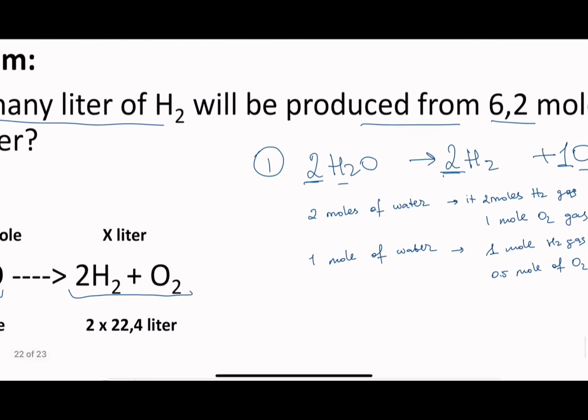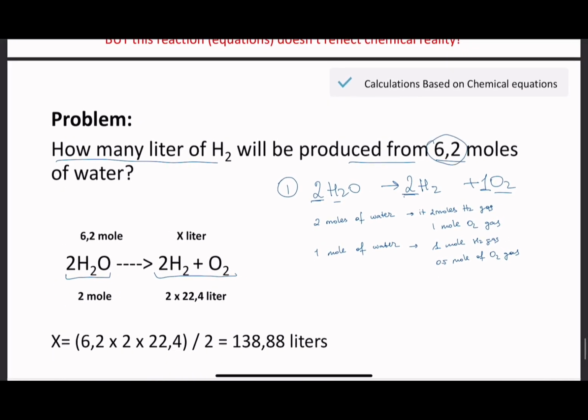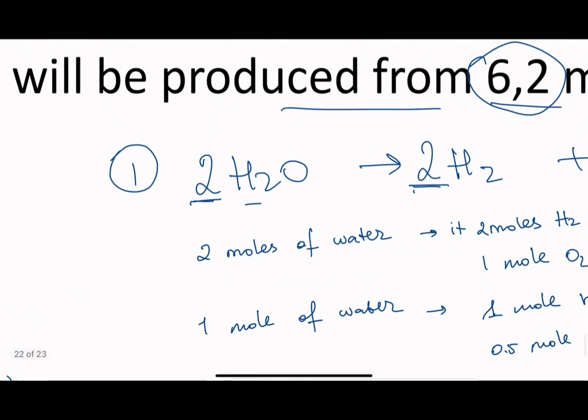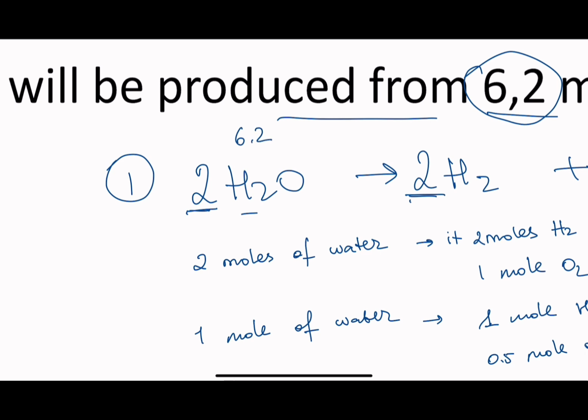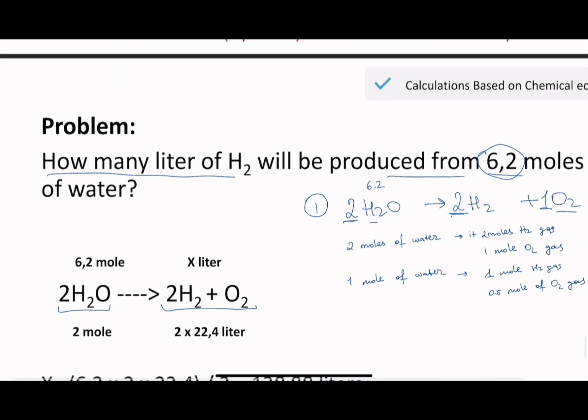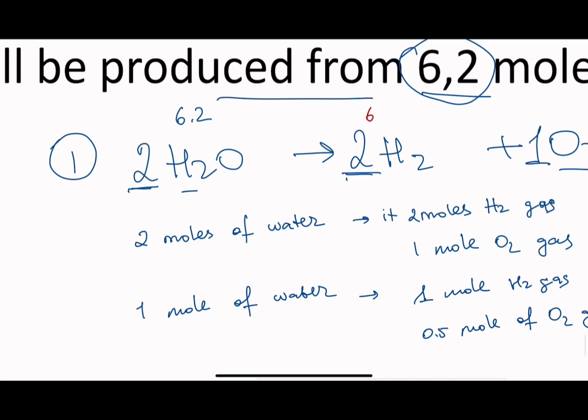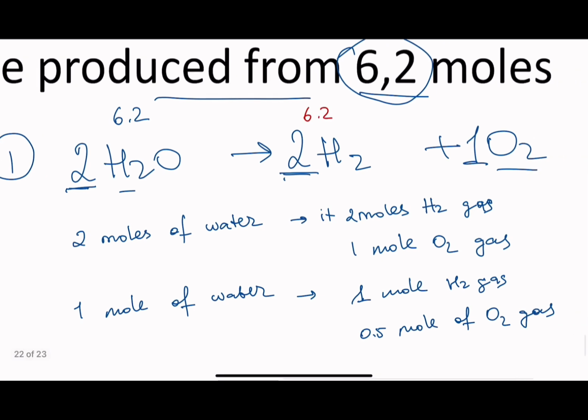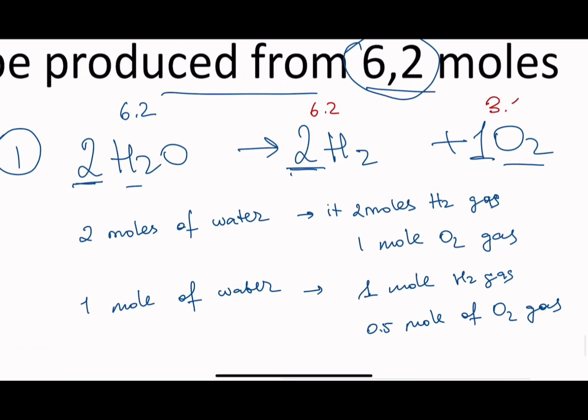So now it is told that we got 6.2 moles of water. So if I have 6.2 going in here, I need to have 6.2 moles of hydrogen and 3.1 moles of oxygen, and it's all molar ratios, okay?